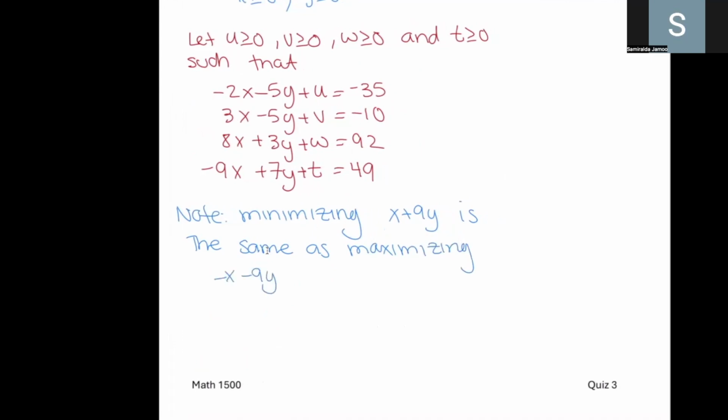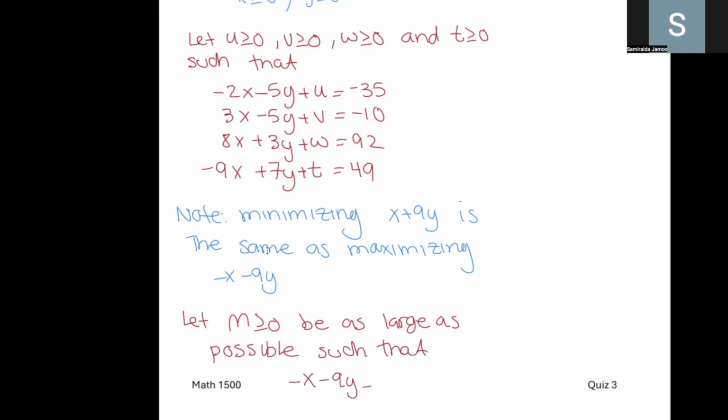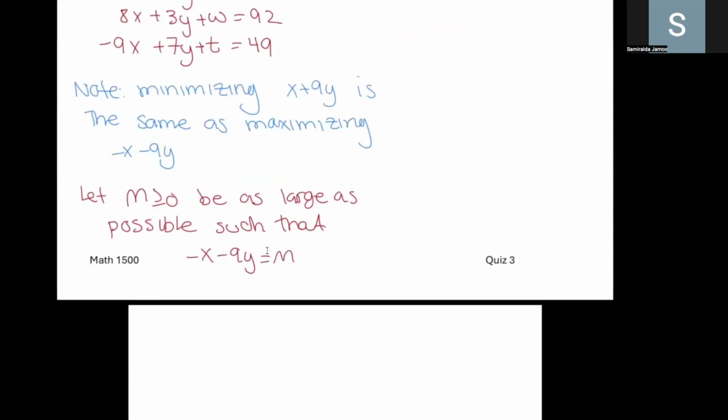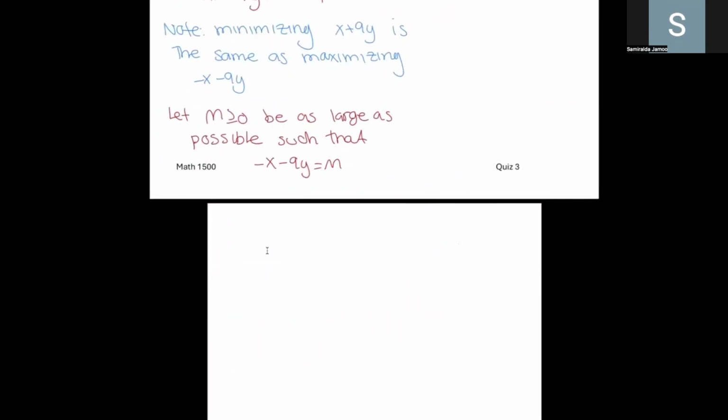So now let m be as large as possible, such that negative x minus 9y is m. Get everything to one side of the equation. I'll have positive x plus 9y plus m is 0. Set up your simplex tableau.